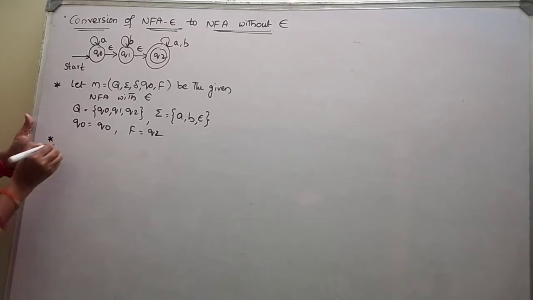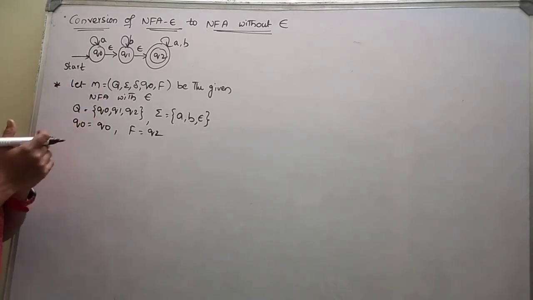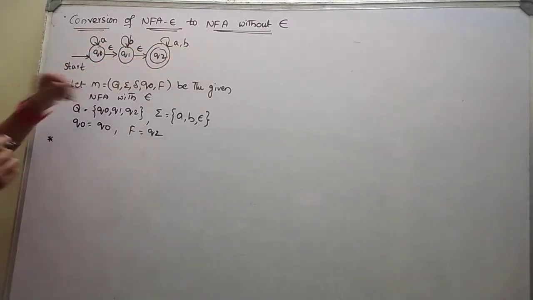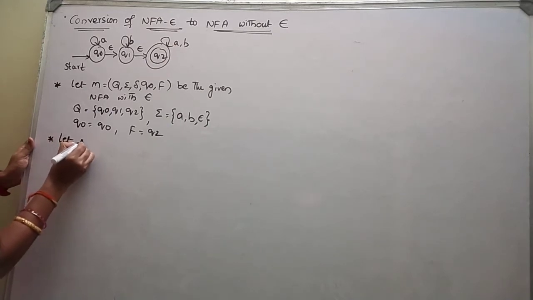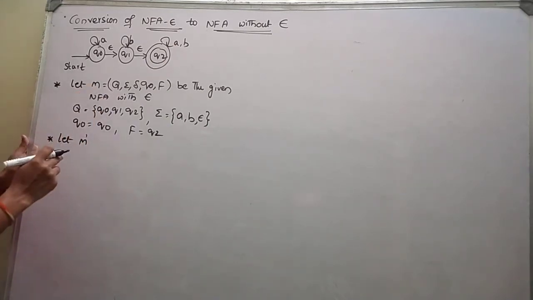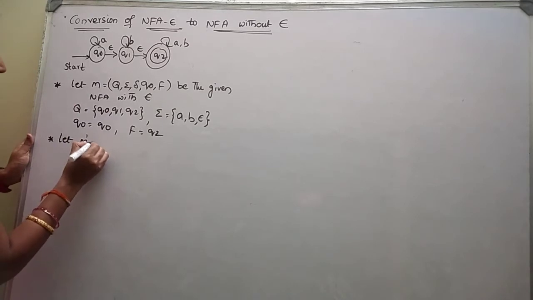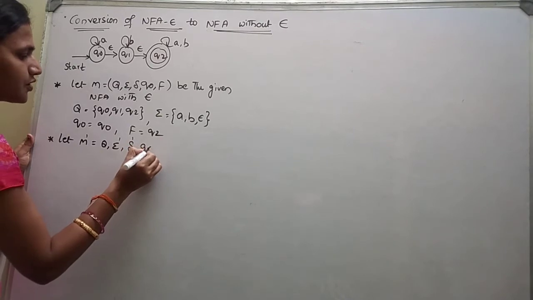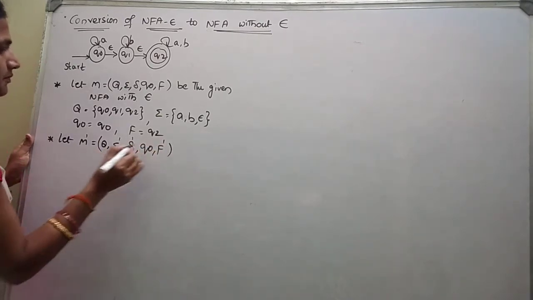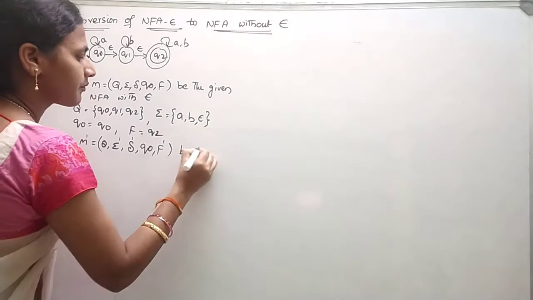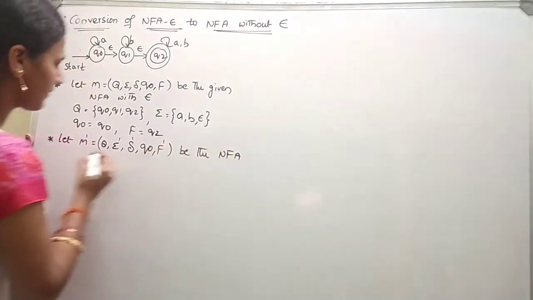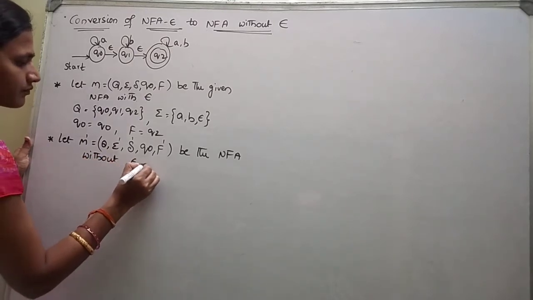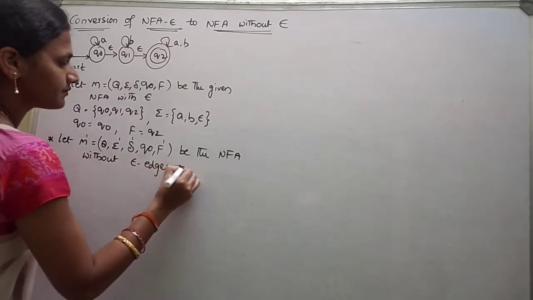So in the second step, what are we going to do? We are going to construct the NFA without epsilon edges. So let us assume M dash is the NFA without epsilon edges to be constructed: (Q, sigma dash, delta dash, q naught, F dash).